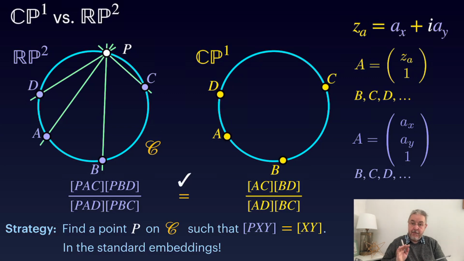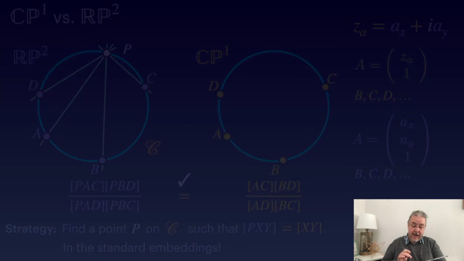But we did much more. We introduced this point P, and we have shown that these two expressions agree, and we found a point P on all the circles, and this is where a new journey starts.